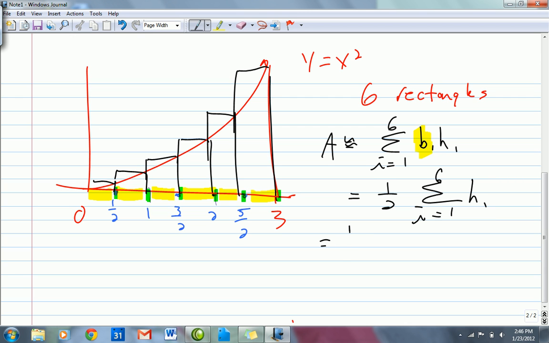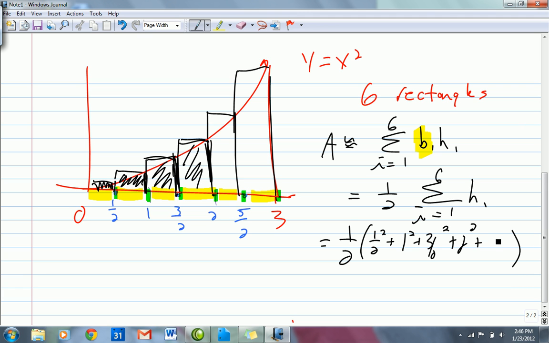Okay, well, what are the heights? The heights are each of the tags plugged into the squared function, using the right endpoint in this case. So 1/2 squared is the height of the first rectangle, plus 1 squared is the height of the second rectangle, plus 3/2 squared is the height of the third rectangle, plus 2 squared is the height of the fourth rectangle, plus 5/2 squared, which is the height of the fifth rectangle.